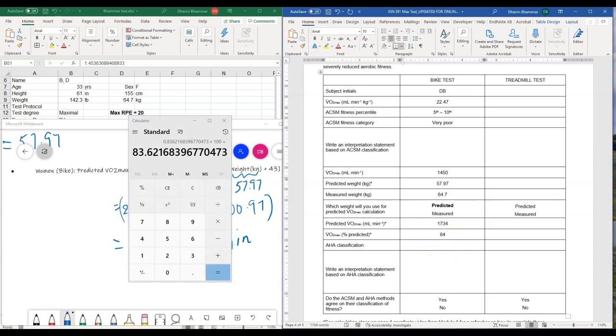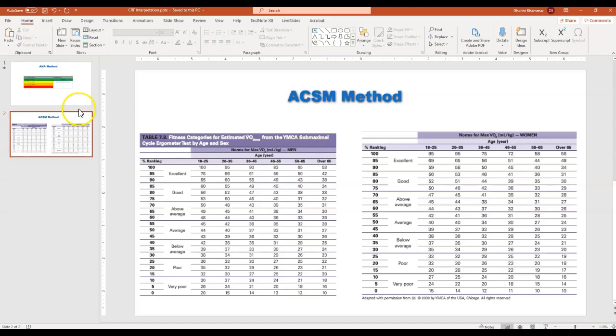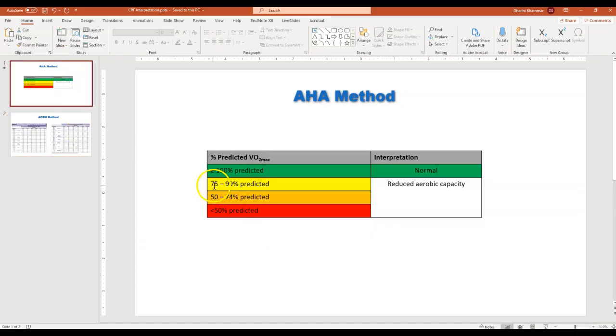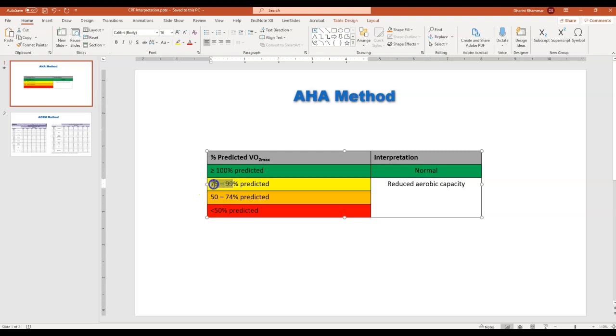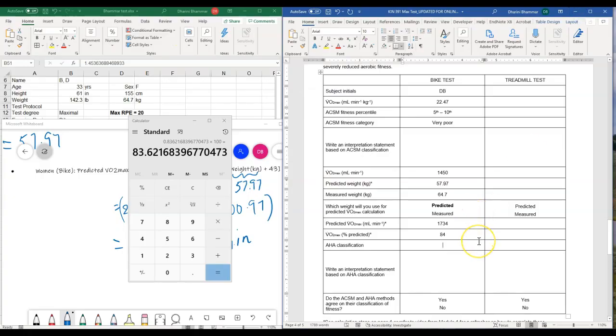And so then it's asking you for the AHA calculation. So if you go into the AHA method, you can see that if you're between 75 and 99, that's mild reduction in fitness or mildly reduced cardiorespiratory fitness.